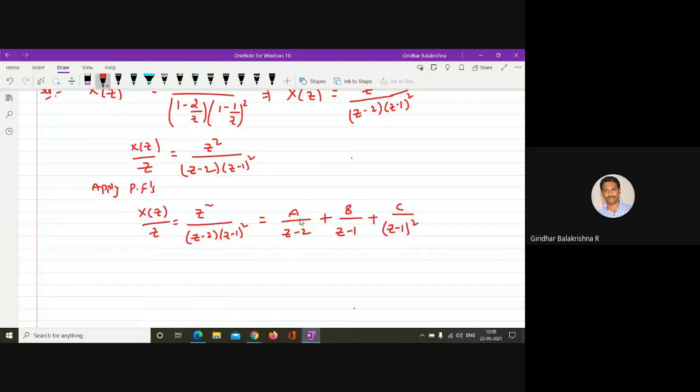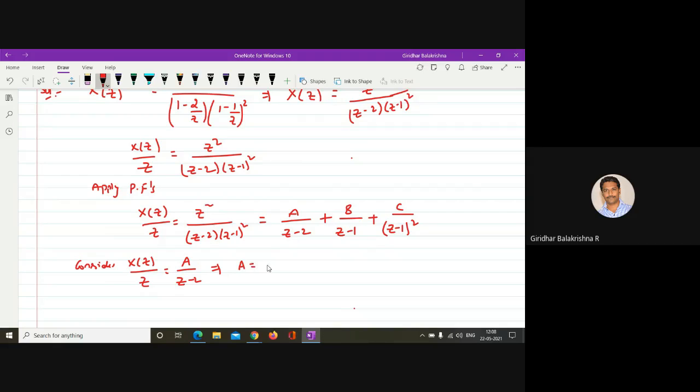Okay, so X of z by z equal to A by z minus 2 plus B by z minus 1 plus C by (z minus 1) whole square. Now first we need to consider what? We need to consider X of z by z equal to A by z minus 2.